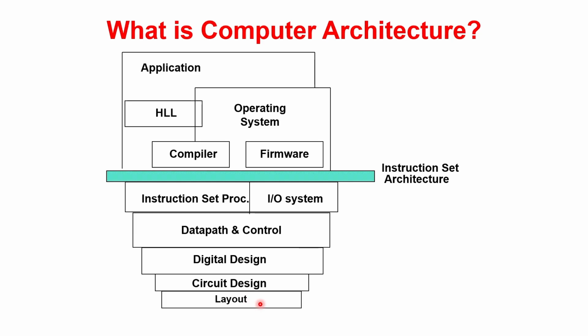I hope you already studied digital designs, logic gates, flip-flops, and how they combine to make a circuit to perform the instructions. This diagram shows how computer architecture, specifically the ISA layer, serves as the vital bridge between the software and the hardware, abstracting away the lower level implementation details.